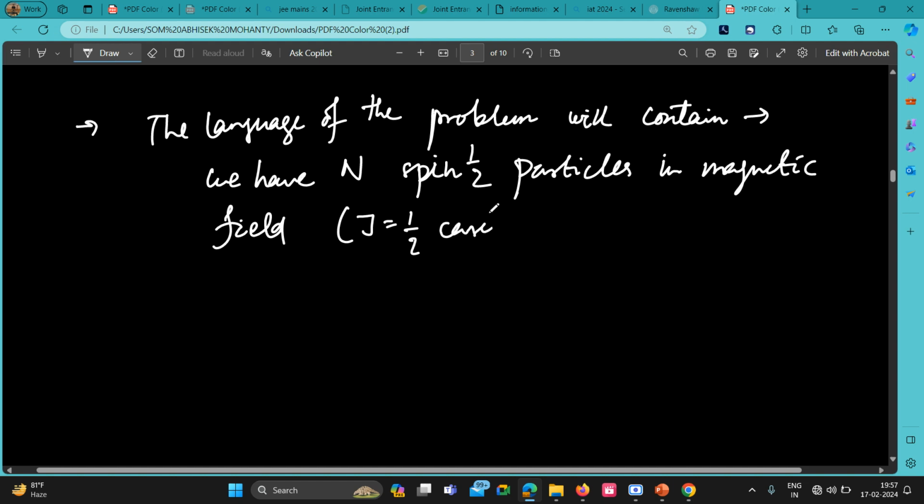See, the system is already mentioned. Spinor particles, right? Already mentioned.